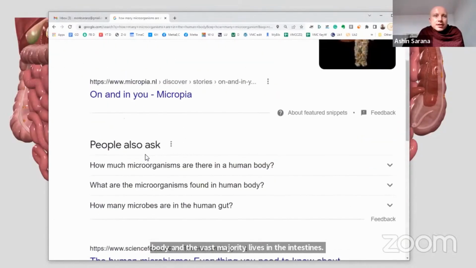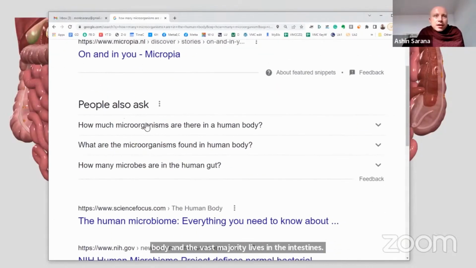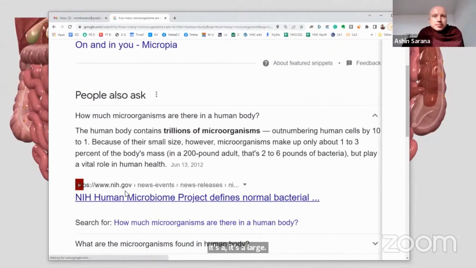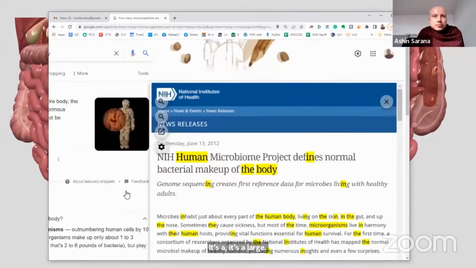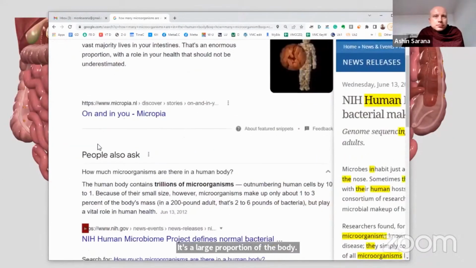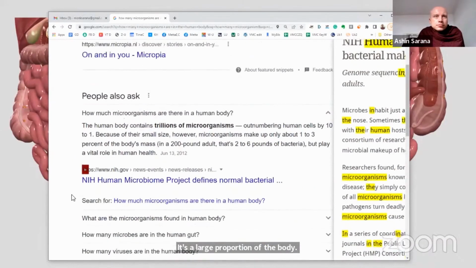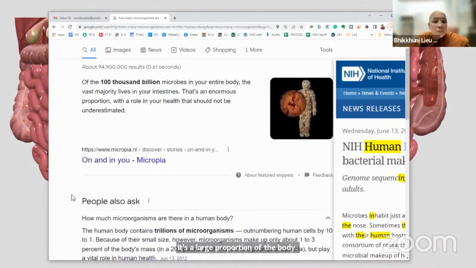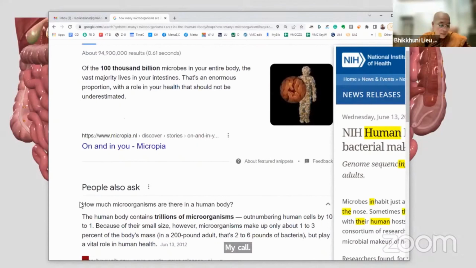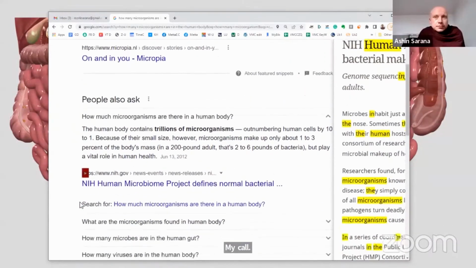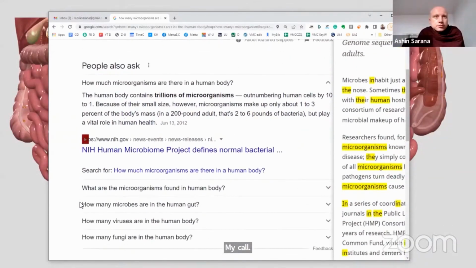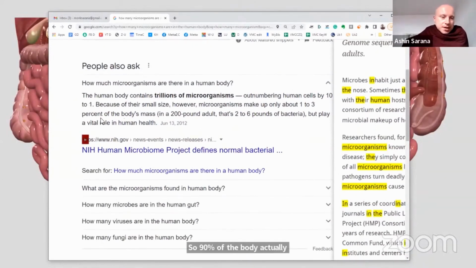It's a large proportion of the body. So 90% of the body actually are microorganisms. 10% is your body.